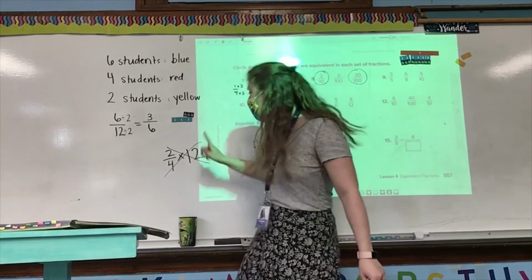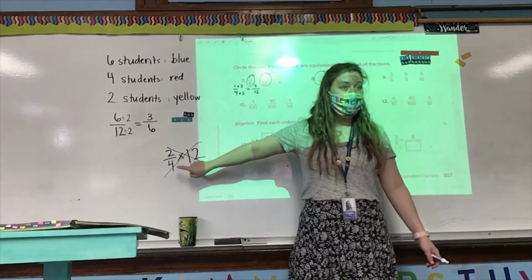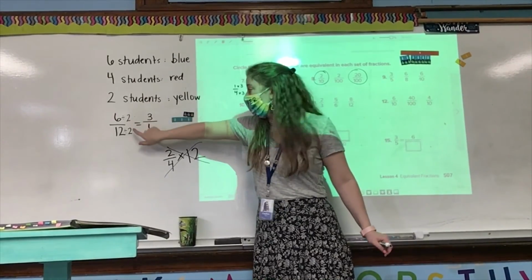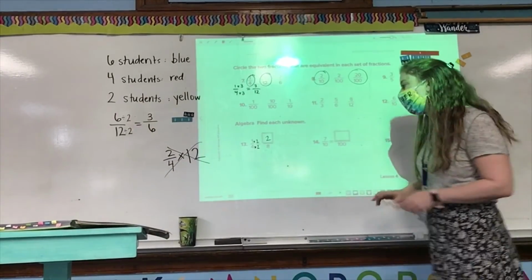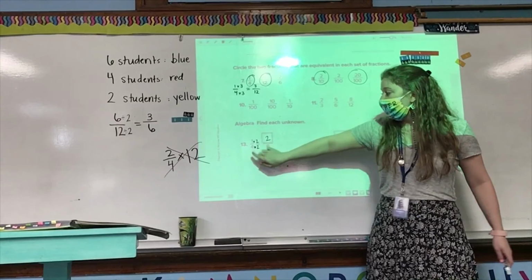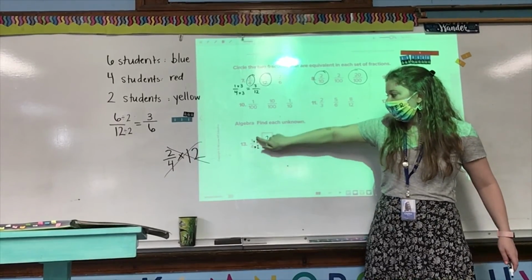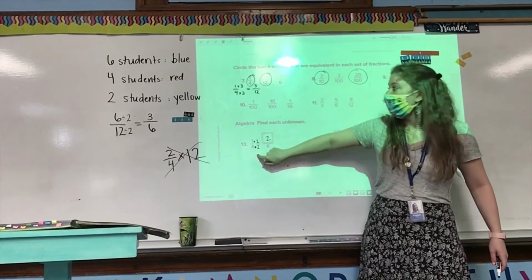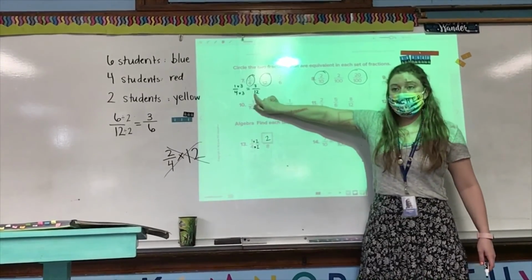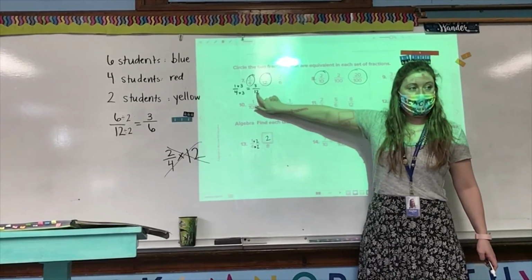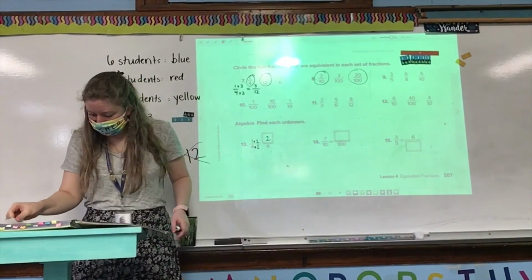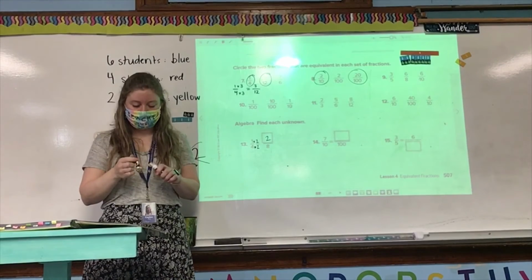Do you write it like this? No. You write it twice, once next to the numerator, once next to the denominator. For these, I need to see what you multiplied by. For these, I need to see your testing. Does everybody understand? Okay. Look at the back of the independent practice.